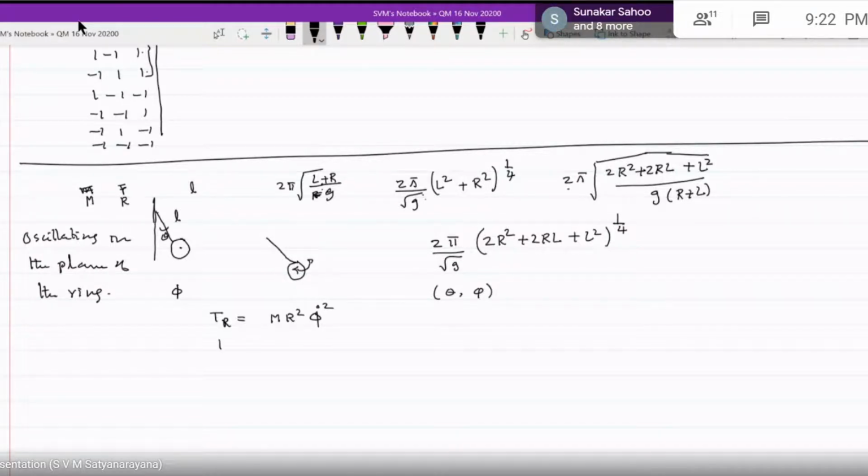And the translational kinetic energy is half M L square theta dot square. And your V is M g L into 1 minus cos theta.